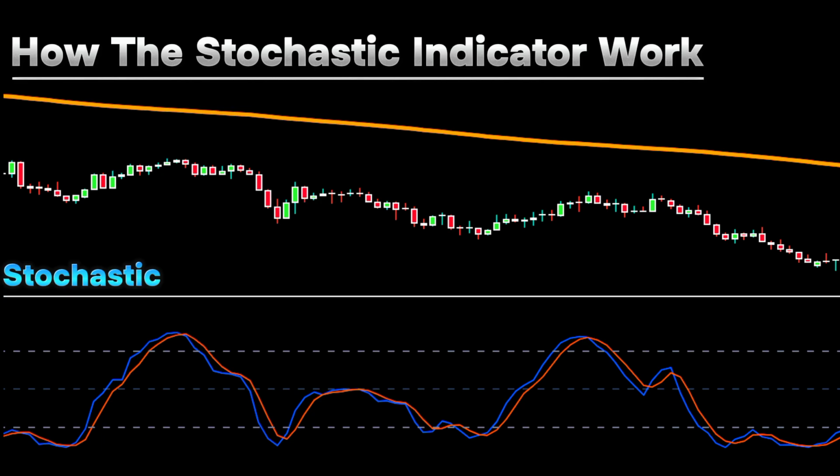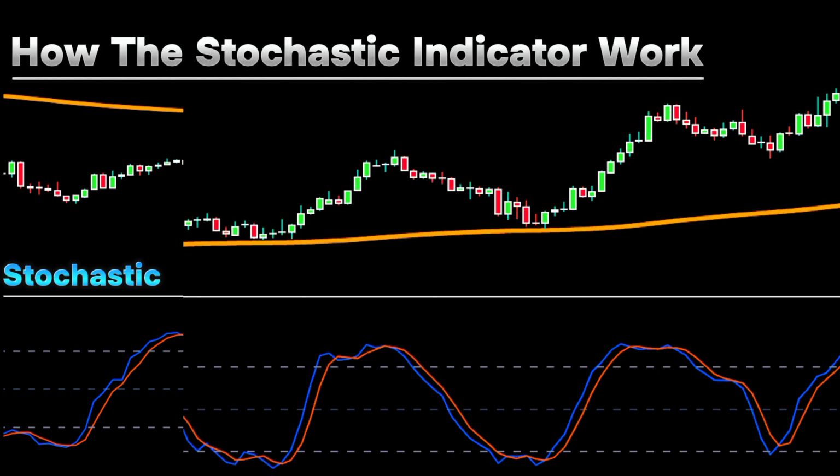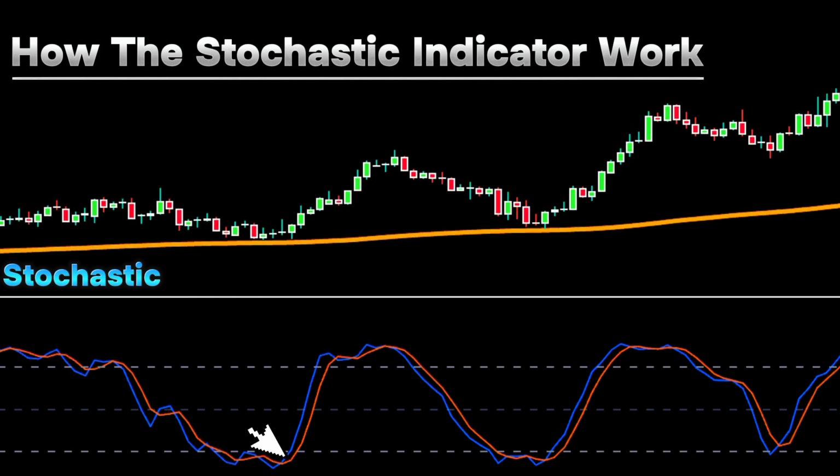You do this by waiting for the stochastic indicator to cross back inside the overbought or the oversold levels like this one, meaning that you have to wait for the K line to cross below the D line and then fall back into the overbought level to generate a great sell signal. And for reverse, you wait for the K line to cross above the D line and then move back into the oversold region to make a great buy signal.